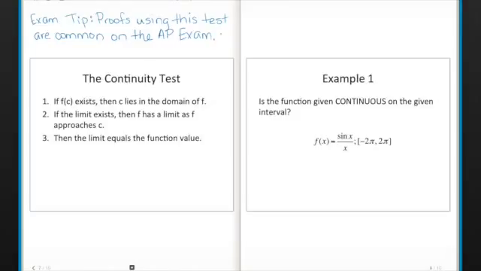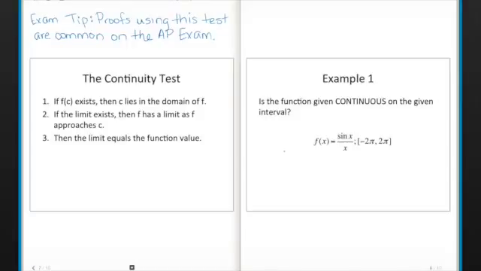This is something that your textbook does a great job with. I'm going to go over a summary of it really quick. Step 1, if f of c exists, then c lies in the domain of f. Step 2, if the limit exists, then f has a limit as x approaches c. Step 3, then the limit equals the function value.